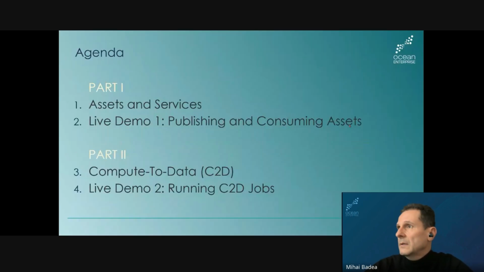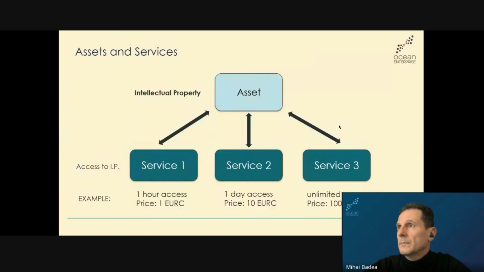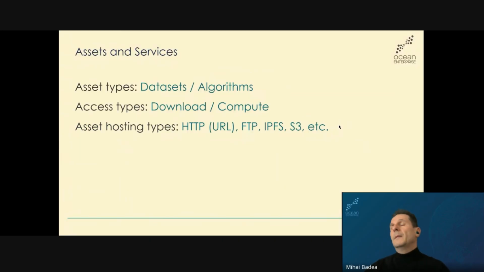Let's move on. Sorry. We have two different types of assets in Ocean Enterprise. We have data sets, which basically represent various content. Either it is a list of records, or a video, or an image, or whatever you want to register as an asset, or algorithms.